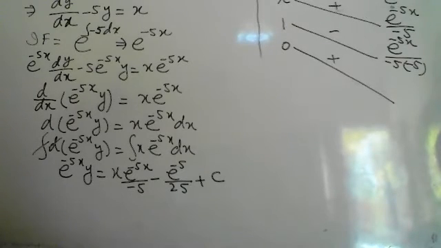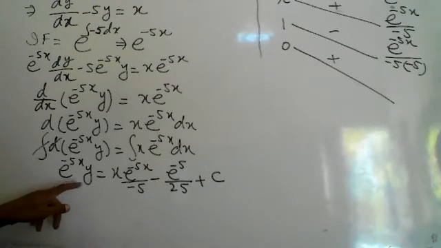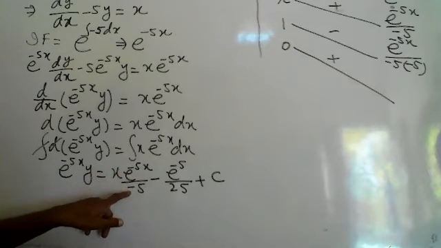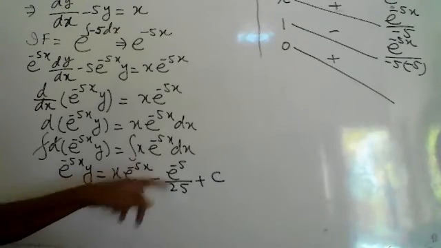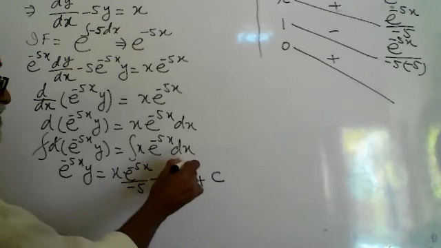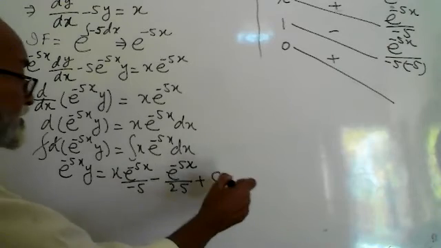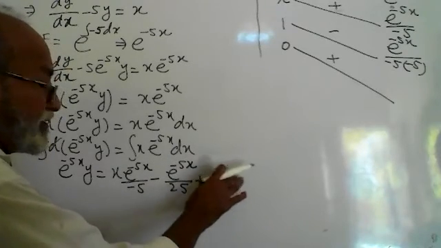So this is the answer. e raised to power minus 5x times y is equal to x e raised to power minus 5x upon minus 5, minus e raised to power minus 5x upon 25, plus some constant. So that will be written.